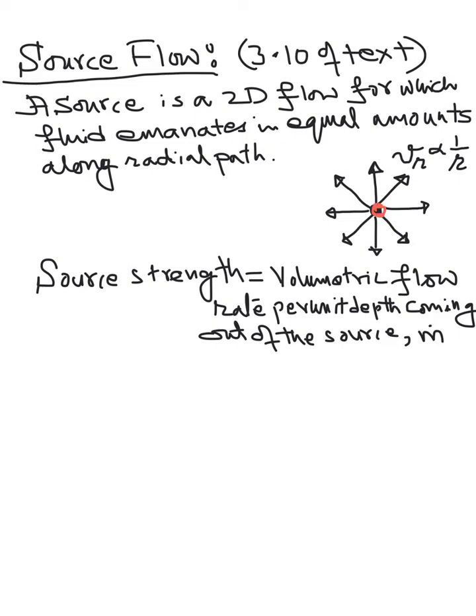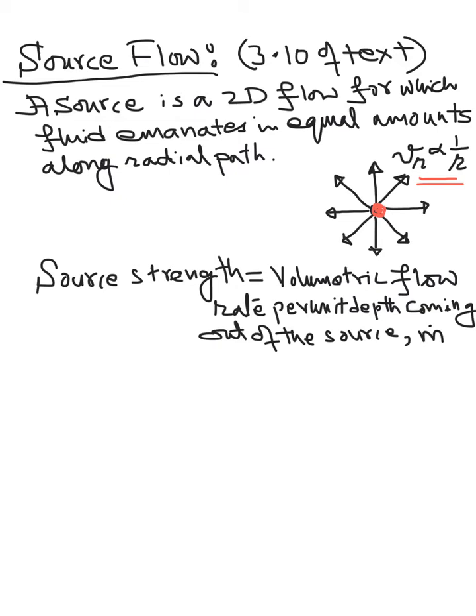Make sure that the amount should be equal in all directions, and the main velocity here will be my radial velocity, which will be inversely proportional to the distance from the point, that is the radius.